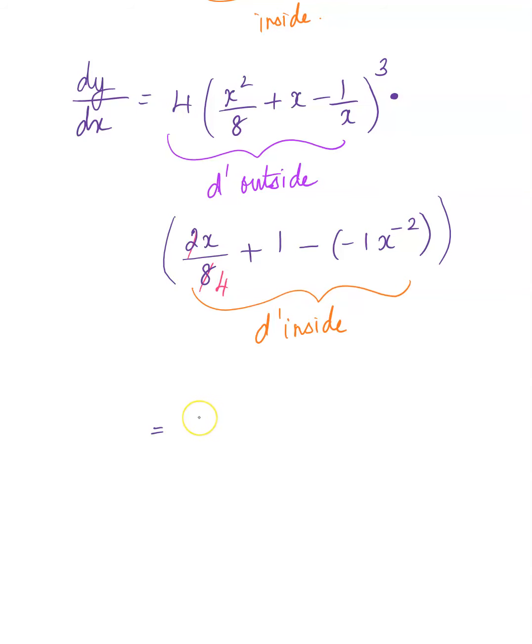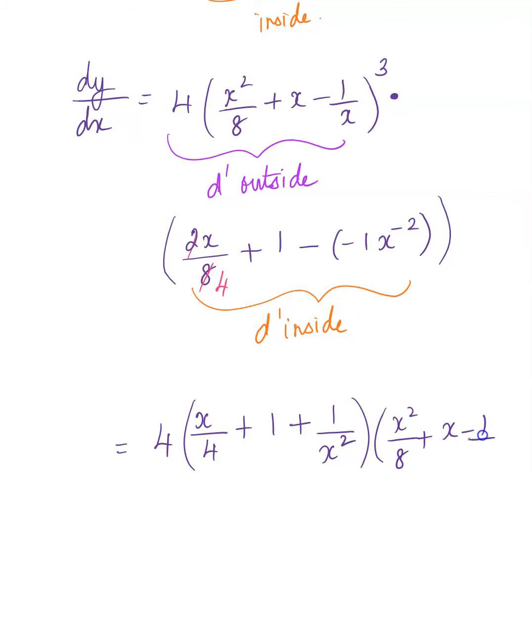What we get is x over 4 plus 1 plus 1 over x squared. Yeah, the negative and the negative. So that times, and then we have the 4 here, so I'll put the 4 in the front, and then I'll have x squared over 8 plus x minus 1 over x power 3.